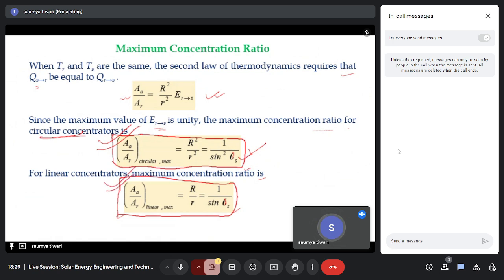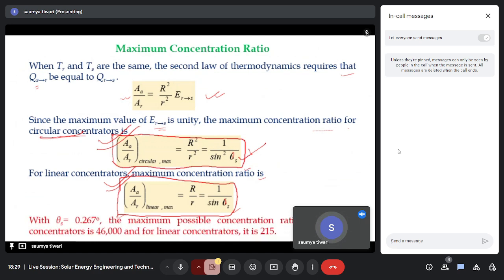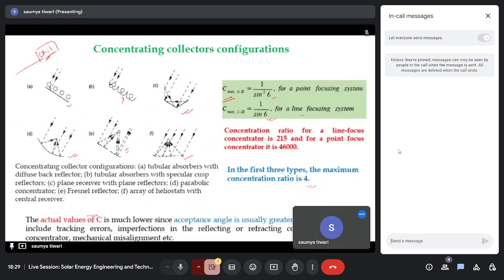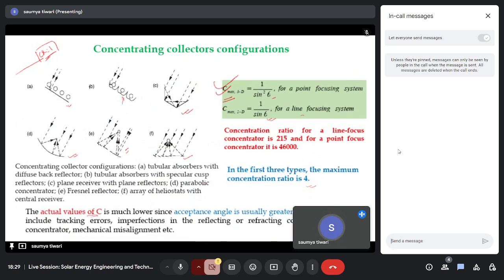This formula you need to remember. So for theta equal to 0.267, the angle actually subtended by the sun on the earth, the maximum possible concentration for circular concentrator is 46,000, and for linear it's 215. So this you need to remember.